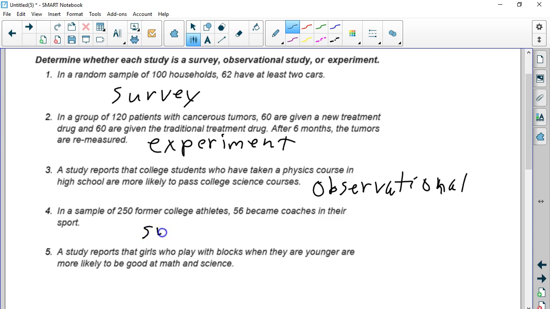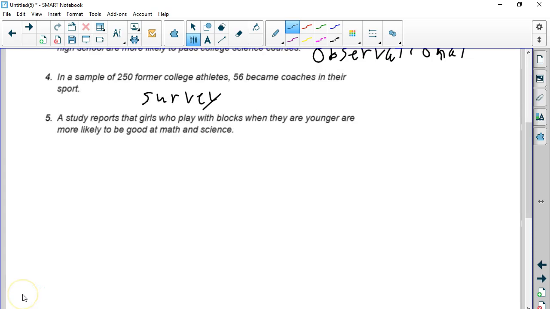Well, this is like the first one where you just ask them and you can survey and get that information. Number 5, a study reports that girls who play with blocks when they're younger are more likely to be good at math and science. So since you're just looking back at the information, that would be observational. And that's it. Short notes.